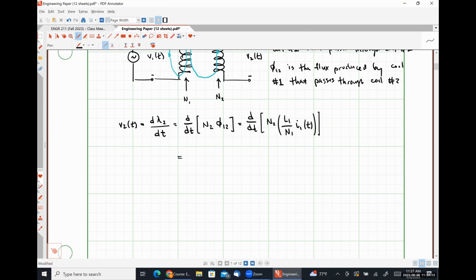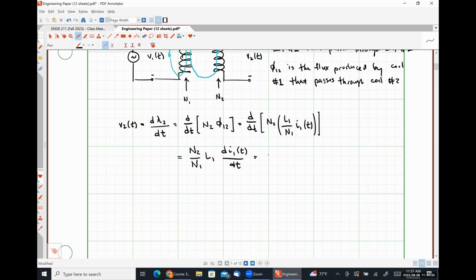N2, N1, and L1 are all constants, so we can take them outside of our derivative. We have the derivative of I1 with respect to time.